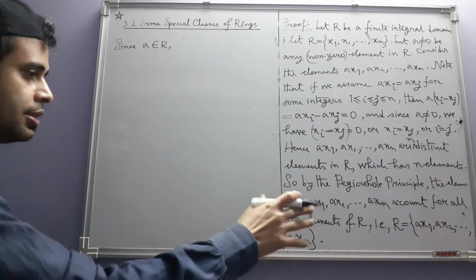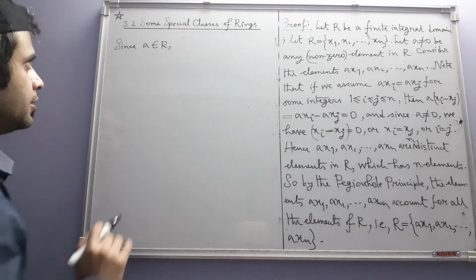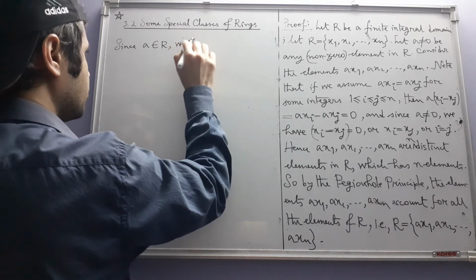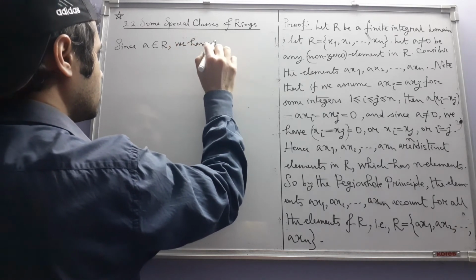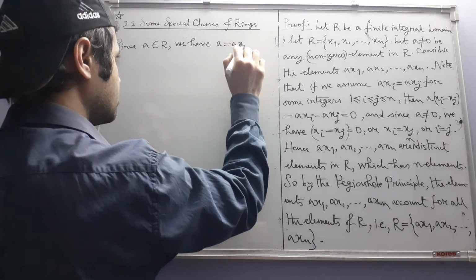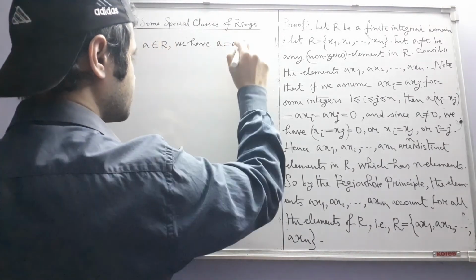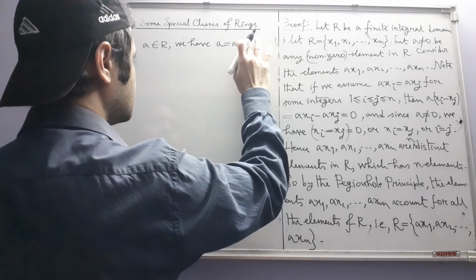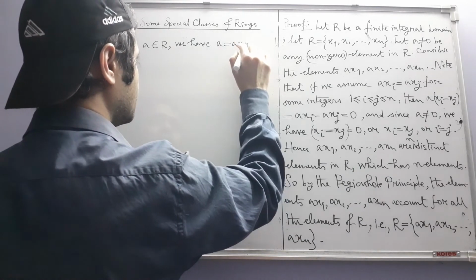If I call these elements multiples of a, since a belongs to R, we have a is equal to axk, and I may call it k.